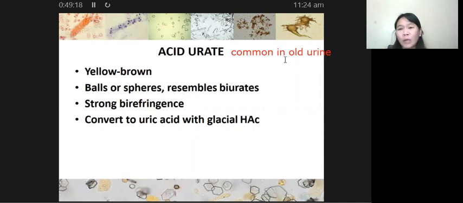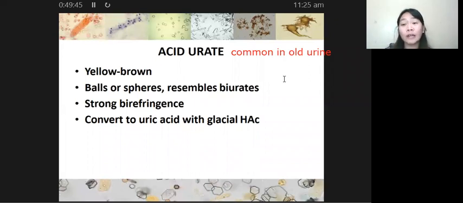Okay? Meron naman pong instances na kahit na old yung urine natin, lalo na kung sobrang baba ng pH, like for example, pH 4, hindi nagiging ganun ka-significant yung standing na nagiging alkaline. Okay, so pwedeng from pH of 4, tataas siya sa 6, which still is considered to be acidic.